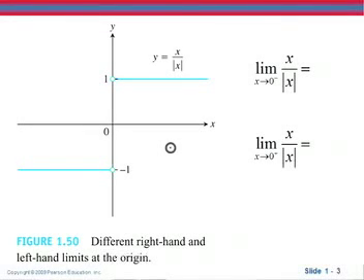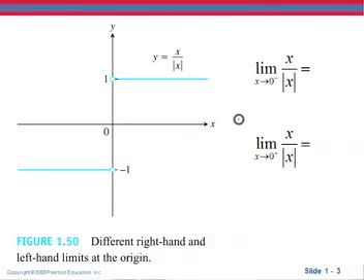Here is an example of a function that has different right-hand and left-hand limits. First, as we think about our function and what happens as we approach 0 from the left, all of our y values to the left of 0 are -1, so as we get closer and closer to 0, our y values are all -1.